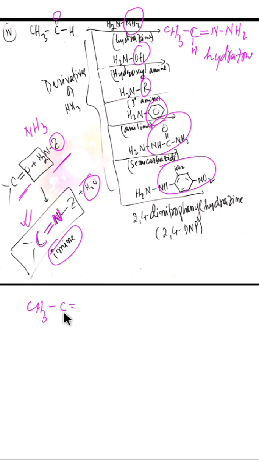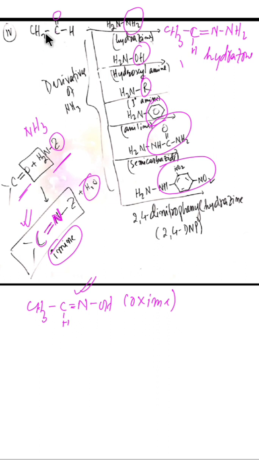So let me write the product of the second reaction here. Double bond, H and OH. This product is written here. Okay, this is called oxime. Such a compound is called oxime.